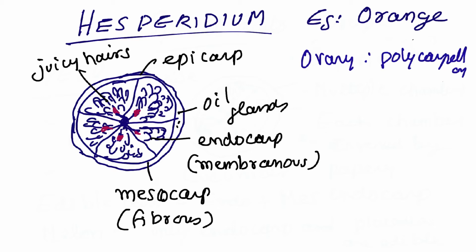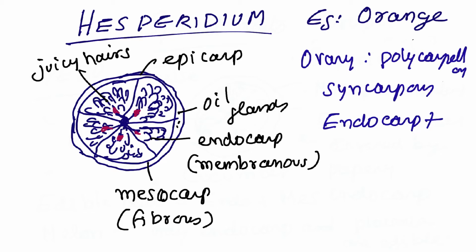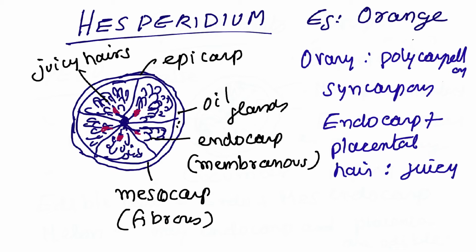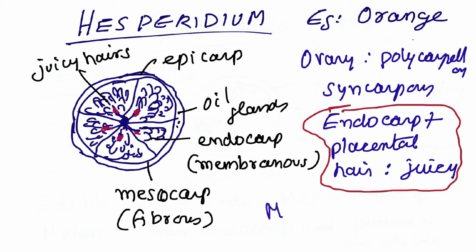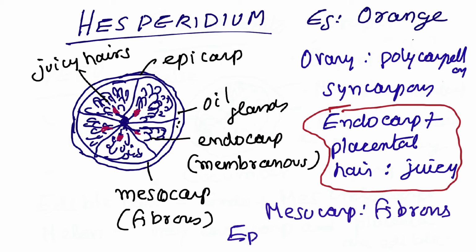Another key feature is, I already mentioned, that the ovary is developed from a superior group. More than that, the ovary is polycarpellary and syncarpous. And a very important point, which I just mentioned, is that it is the endocarp plus the placental hair, note the point, the placental hair, which is the juicy, edible part.